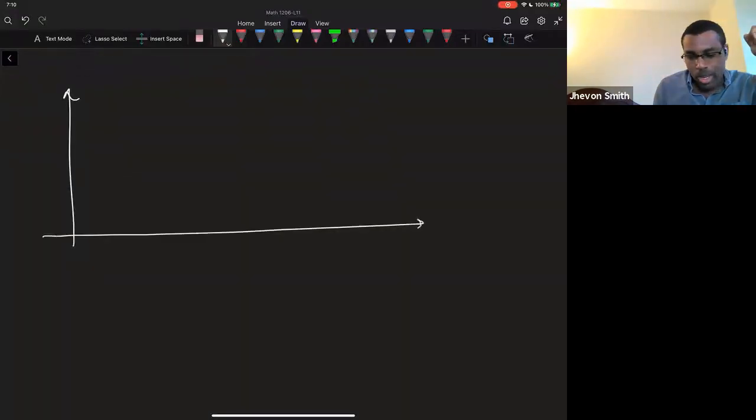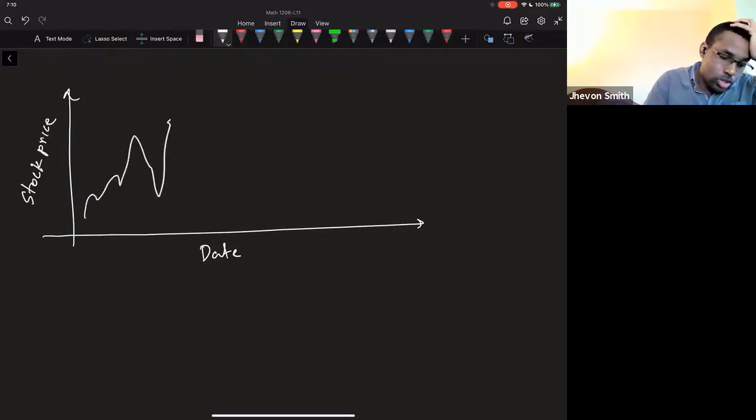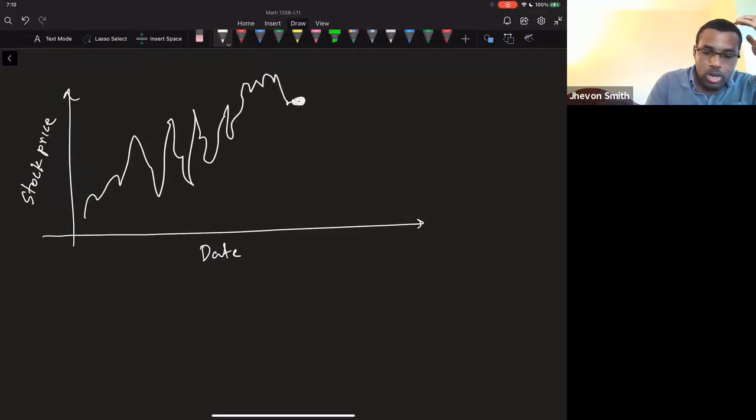So for example, we can have the date here and a stock price, for example. One of many models. So the stock price is a crazy function. We don't even know what it's doing at any time, but we know what's going on at, say, this point right here. So let this be the point a, f of a.